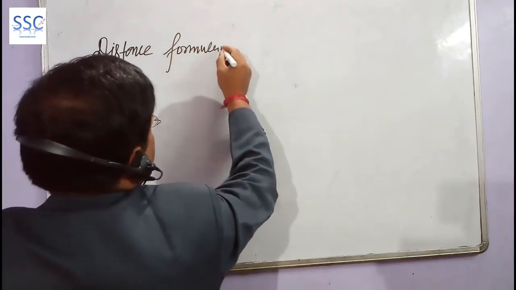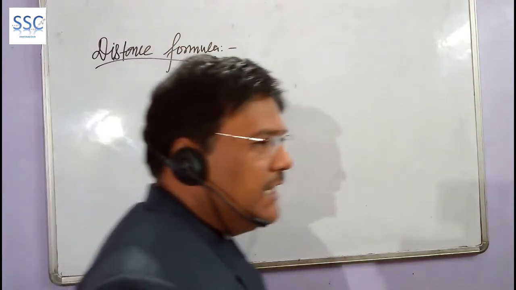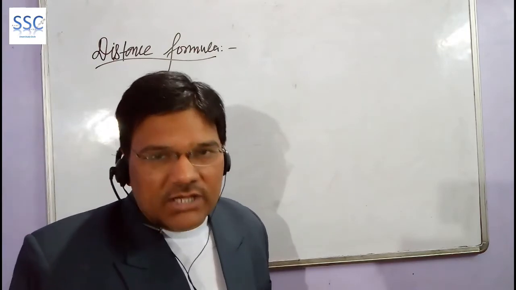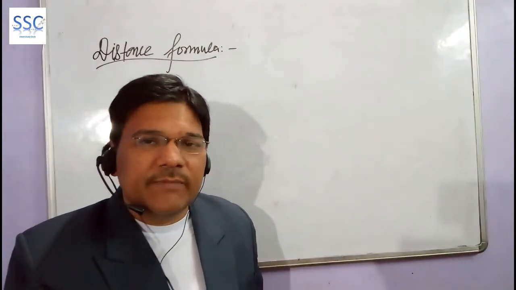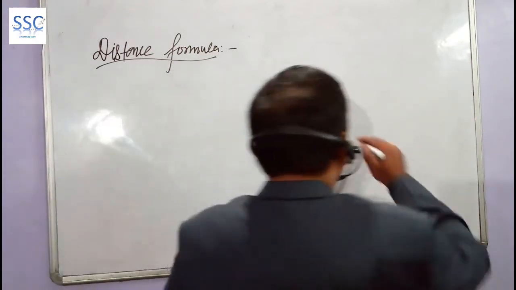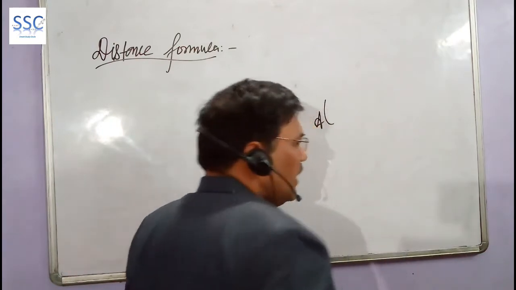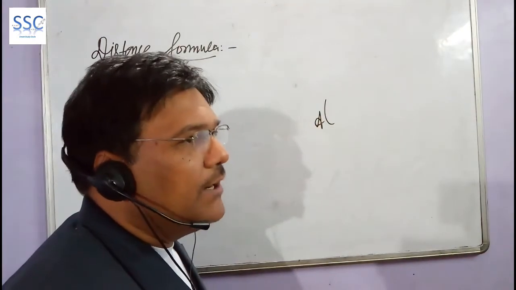What is that? According to this formula, if 2 points are given and their coordinates are also given, you have to find out the distance between them. Suppose a point A, you know, in coordinate geometry, points are identified by their abscissa and ordinate.